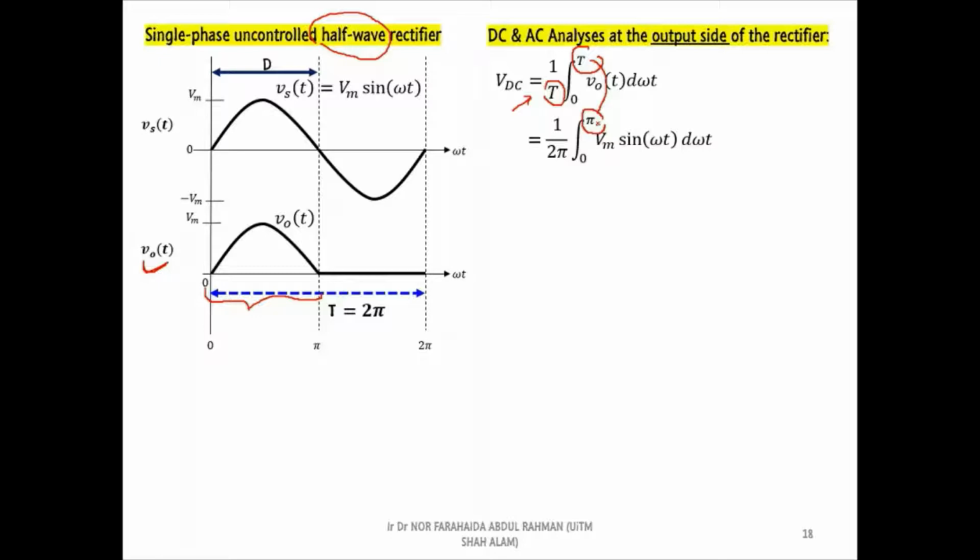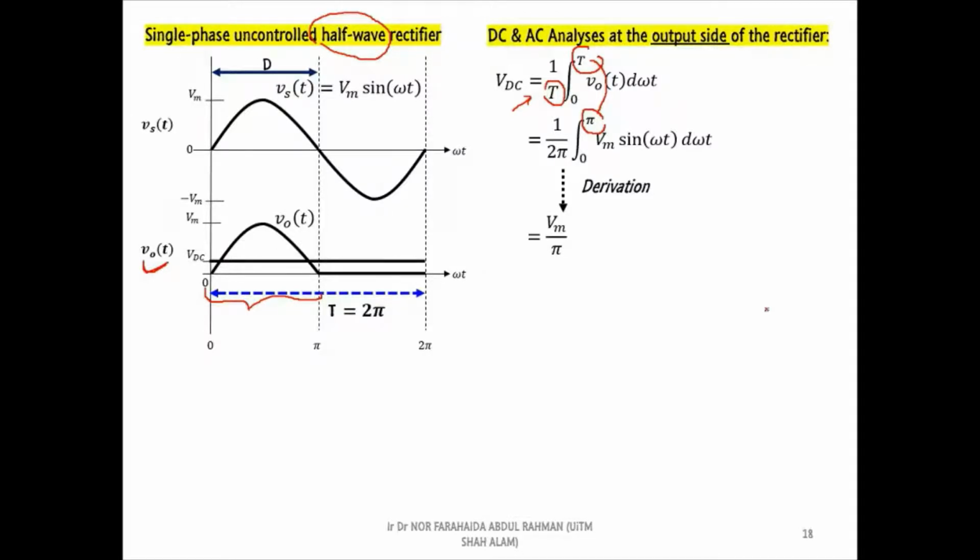Based on a complete derivation of the equation, therefore, the average output voltage is equal to Vm per pi. Next, we can sketch the waveform of the average output voltage as follows.